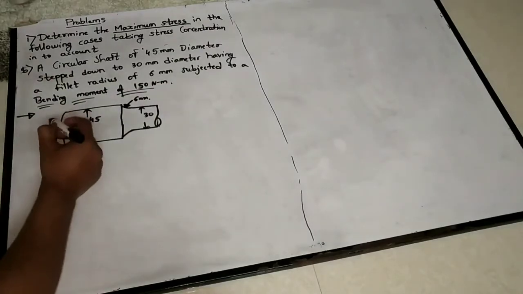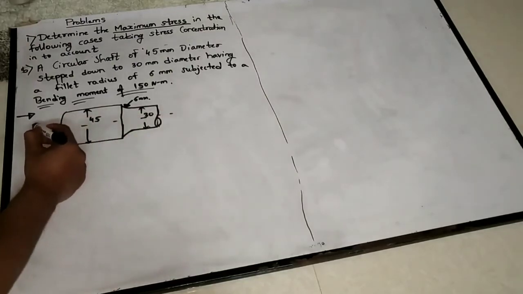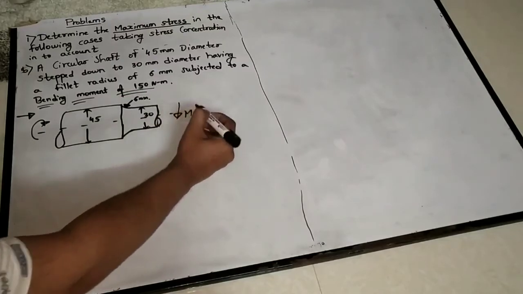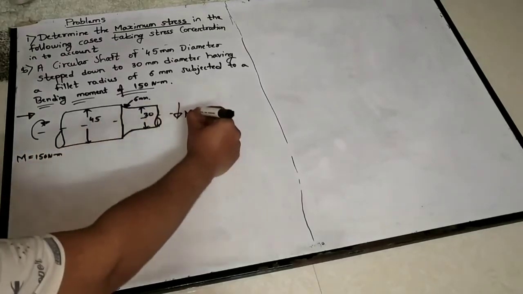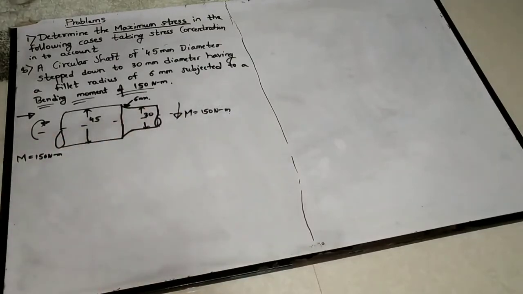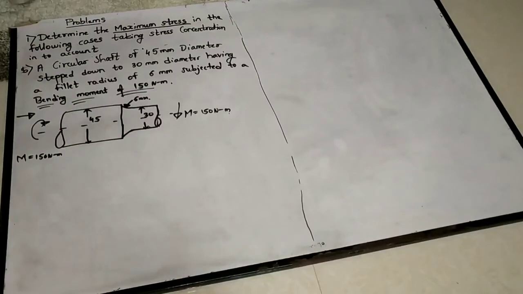And this is acted upon by a bending moment M, that is 150 Newton meter. This first you will draw now. And this you are going to search in the data handbook. In data handbook, which figure will give exactly our problem type.